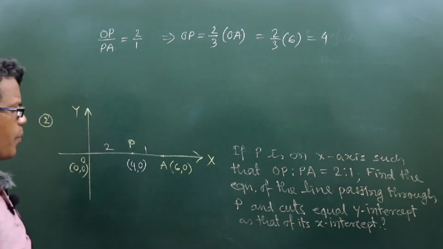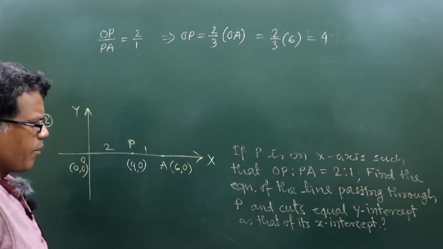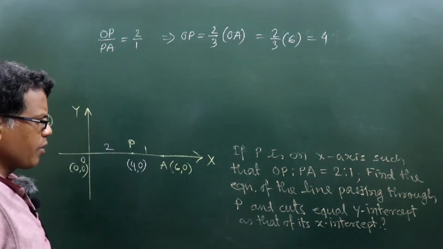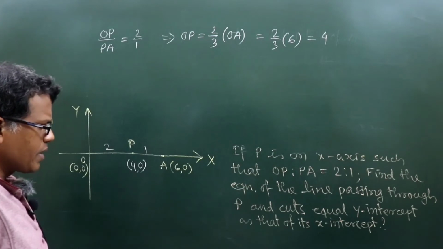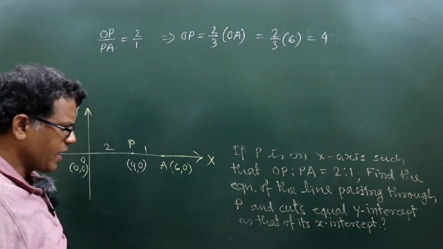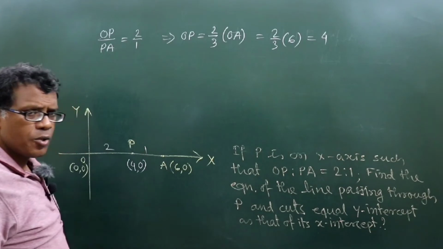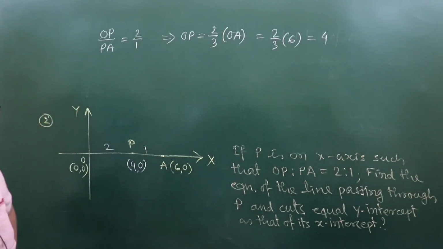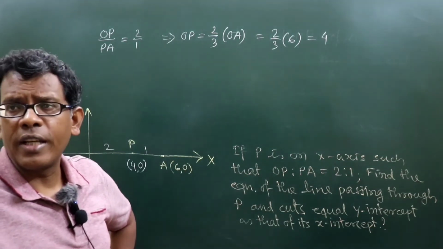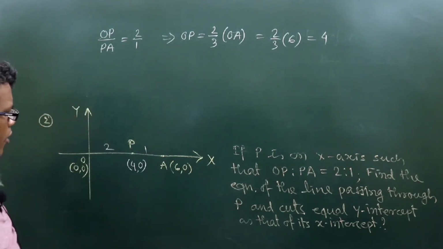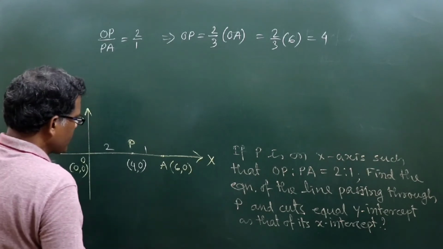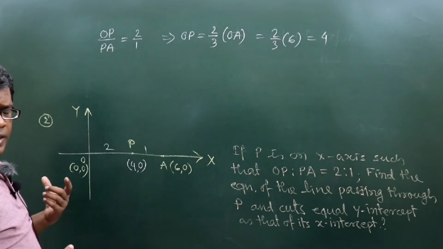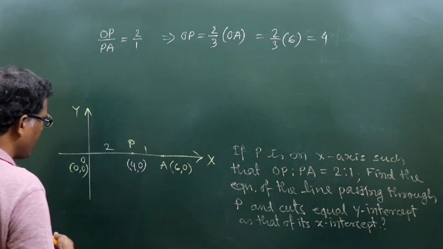Now, after confirming the coordinates of point P, we need the equation of the line that passes through P and cuts a y-intercept equal to its x-intercept. Any line passing through P will have x-intercept 4 only, because P is a point on the x-axis, and its distance from the origin is the x-intercept.